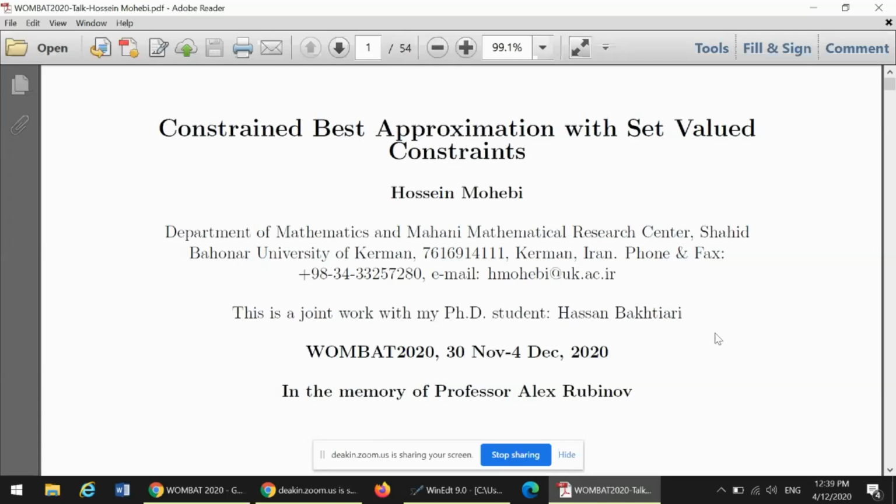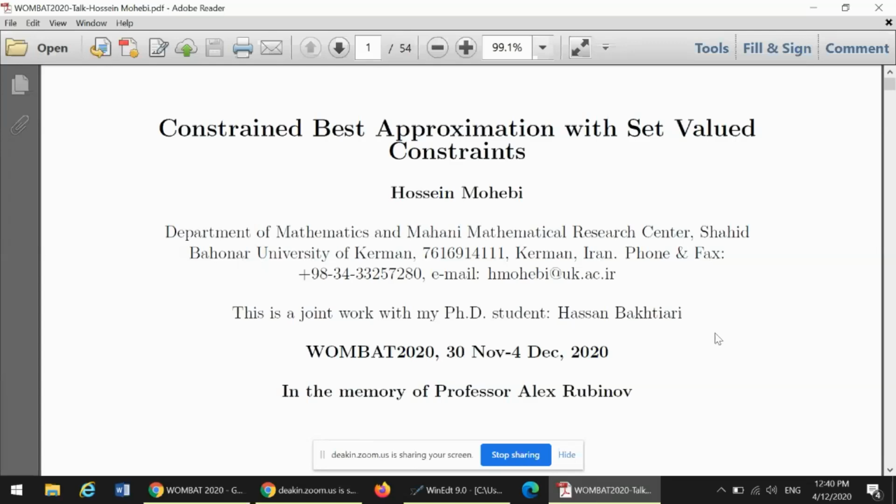Also, in 2016, me and Giacomo have done a work on constraint-based approximation when the constraint functions are non-convex, only differentiable.